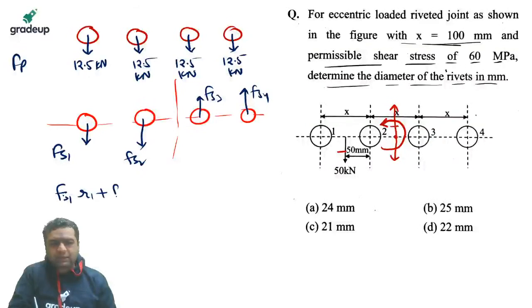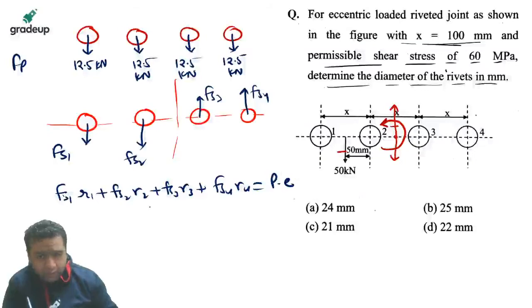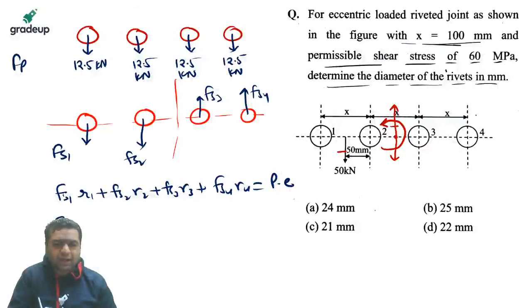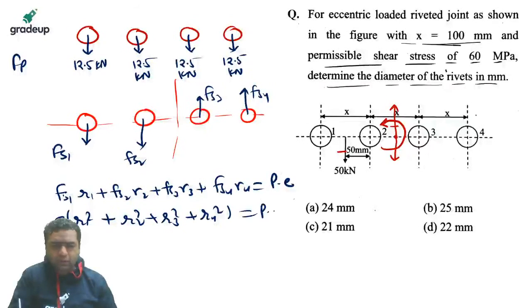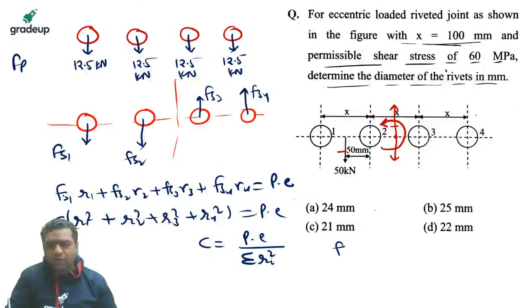Fs1 R1 plus Fs2 R2 plus Fs3 R3 plus Fs4 R4 is equal to P into E. You already know F is directly proportional to R, so you can write C times (R1 square plus R2 square plus R3 square plus R4 square) is equal to P into E. You will be finding out P into E divided by summation Ri square. Now you can find out Fs1, Fs2, Fs3, Fs4.